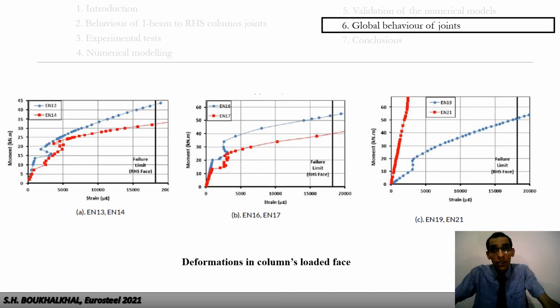The study of the state of deformation allows the determination of the failure point of the studied element. The comparison between the two numerical models EN13 and EN14 shows that the face of the CFST column will be damaged at a moment equal to 42 kN/meters, with a decrease of 21%.